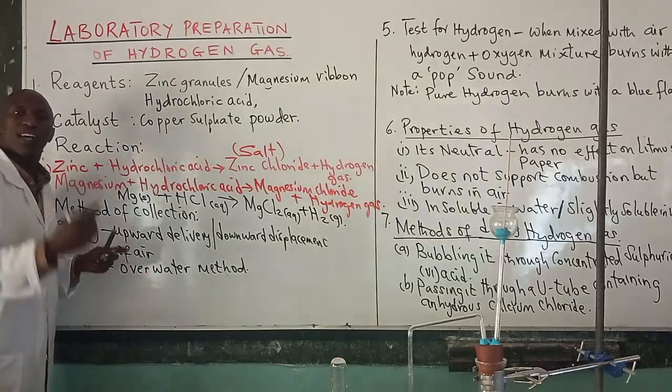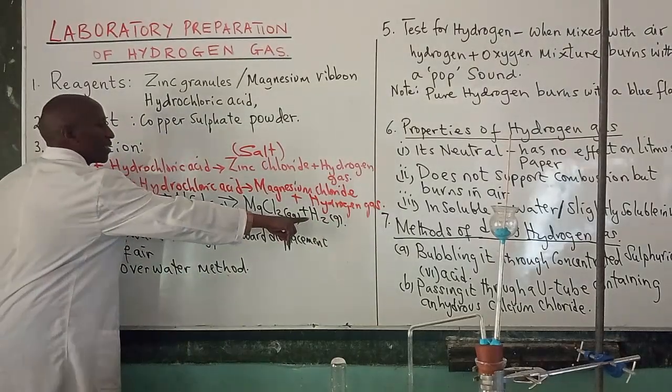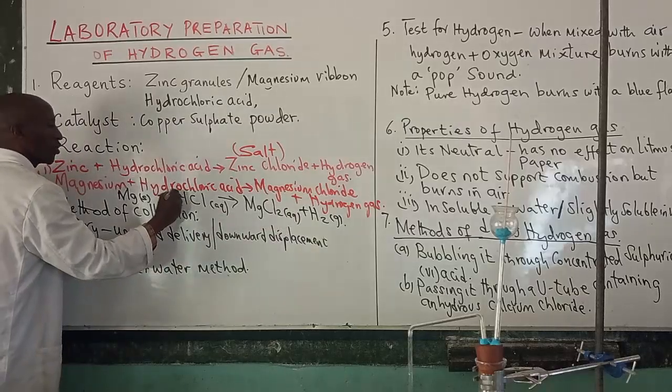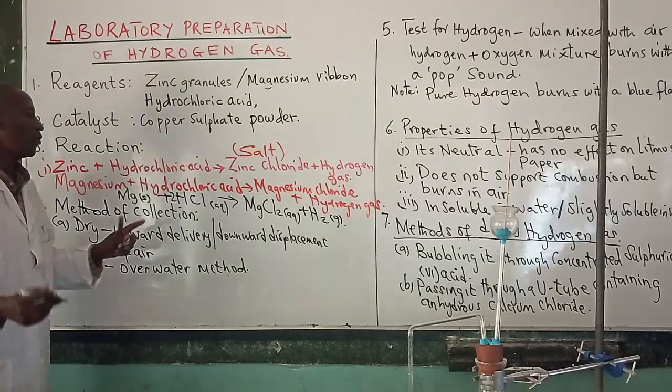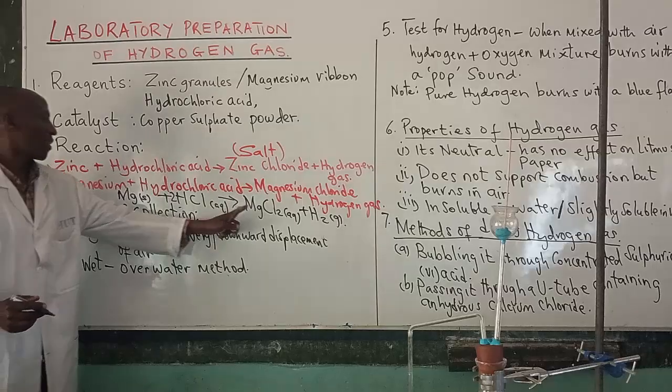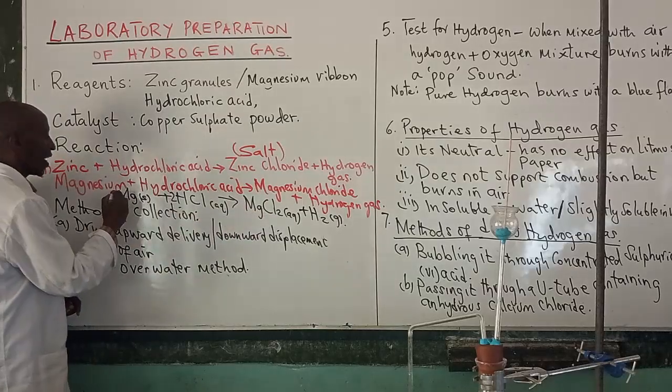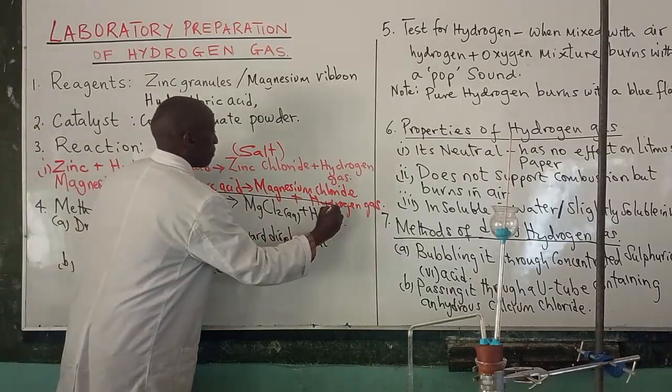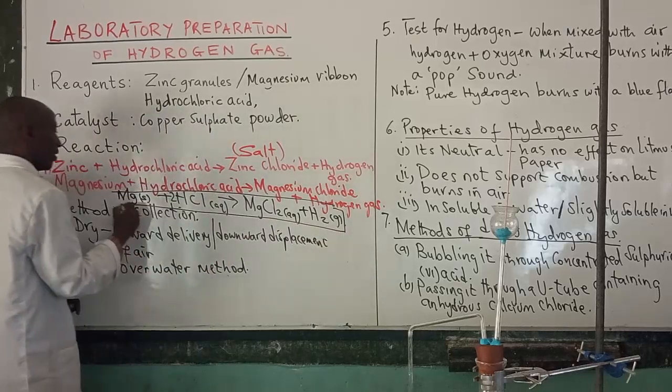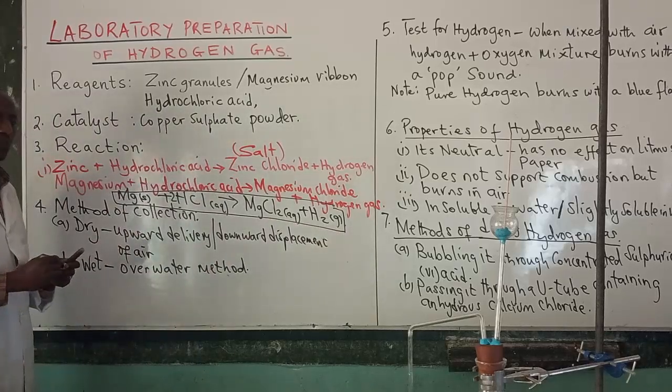Now this equation requires balancing. There are two hydrogen atoms there, so we put a 2, and the chlorines are 2. So that gives us the balanced equation for that reaction.